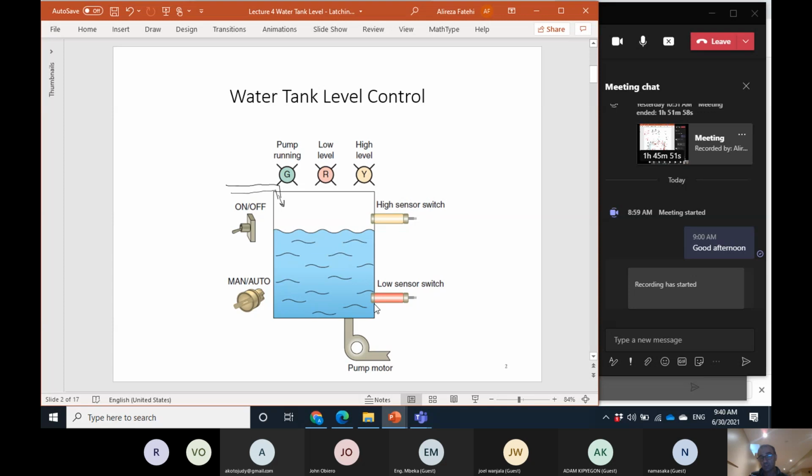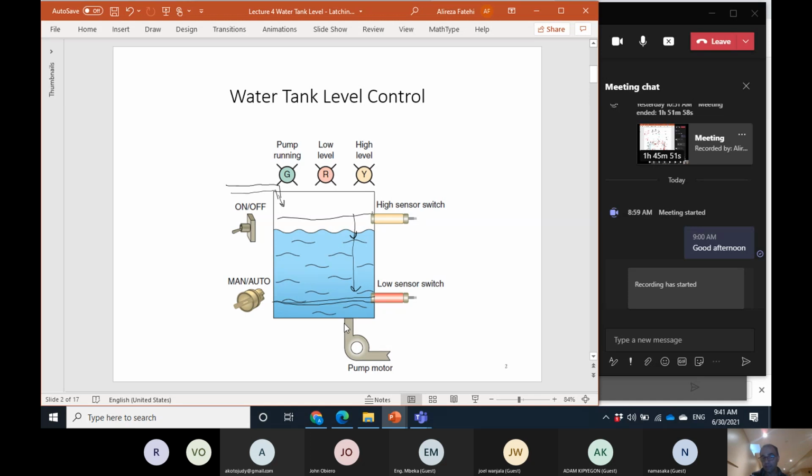If the level reaches this high sensor level, the pump starts. The water discharges from the tank, and so the level of the water decreases. But the pump remains on until the level reaches the low sensor switch. When the level becomes lower than this position, the pump turns off.